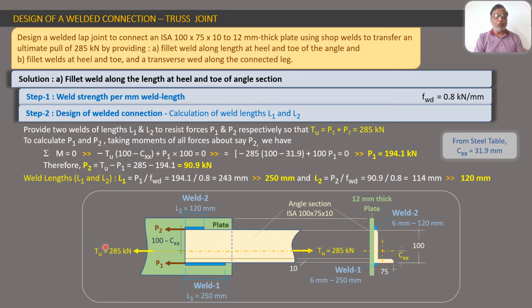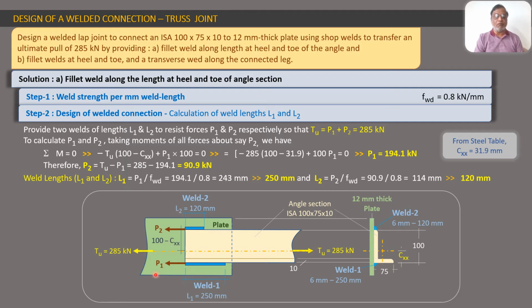So this was the moment of one force, this Tu force. Now the second force is P1. We are considering all forces; the first force was Tu, and we will now consider the P1 force. Look at P1. Its moment about P2 will be its magnitude P1 into 100. What is the distance of P1 from P2?